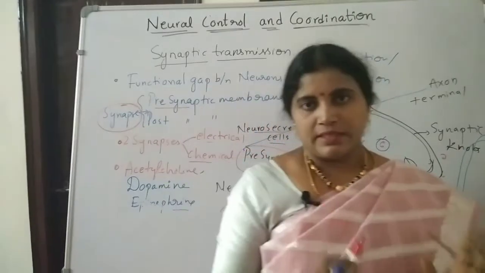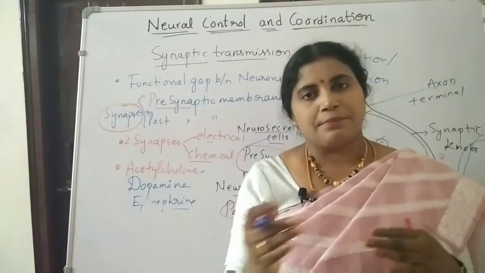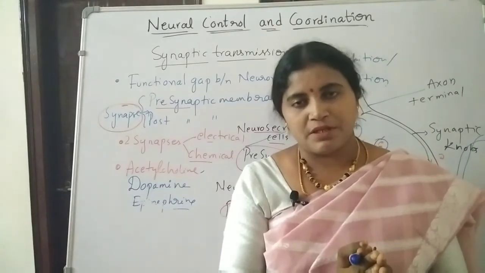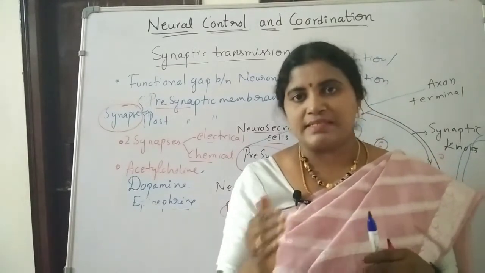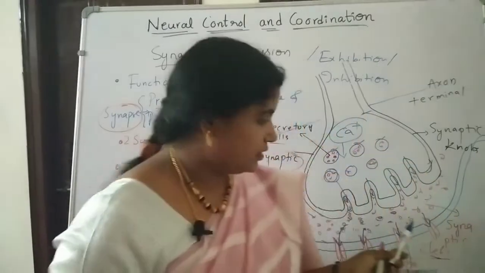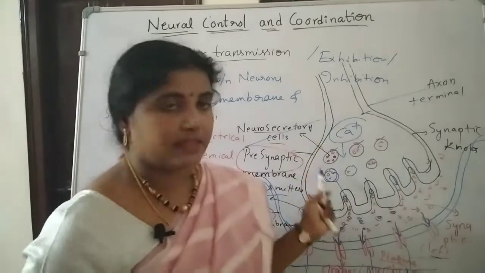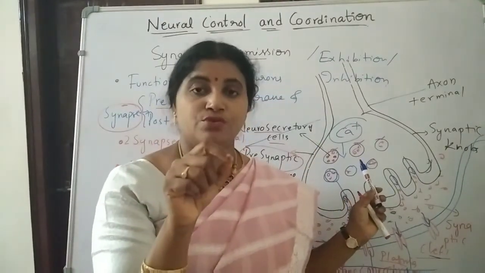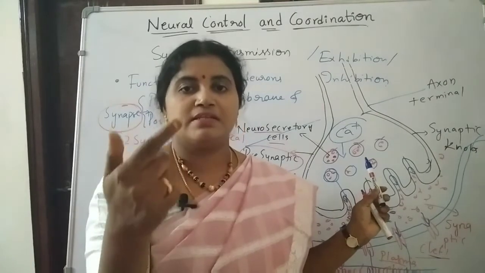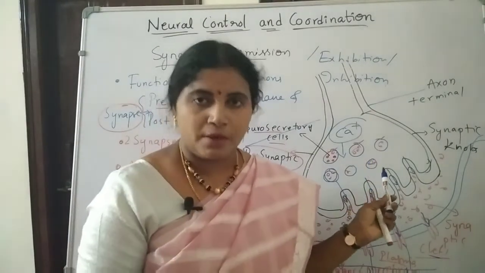Okay, so very clear. So what is a synapse? The gap between the presynaptic membrane and postsynaptic membrane. The gap filled with fluid is known as the synaptic cleft. Inside the synaptic knobs there are synaptic vesicles along with neurosecretory cells, which release neurotransmitters like acetylcholine, dopamine, epinephrine.